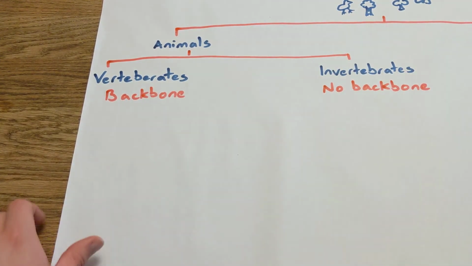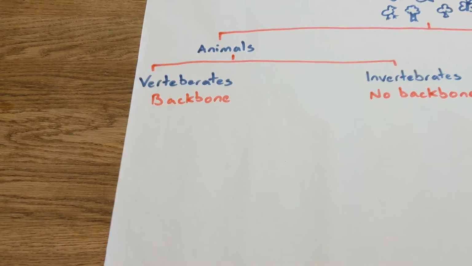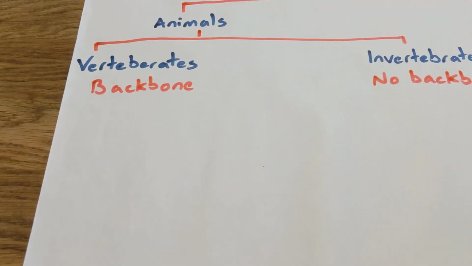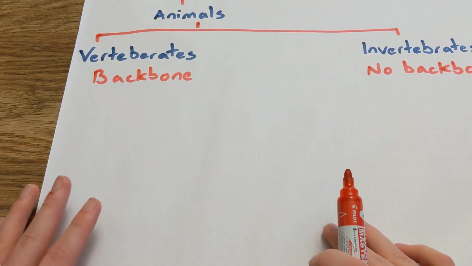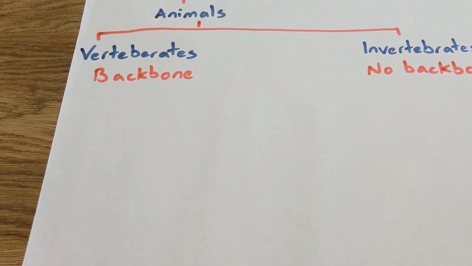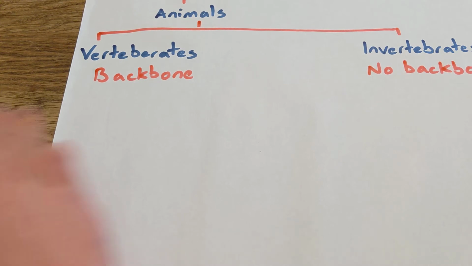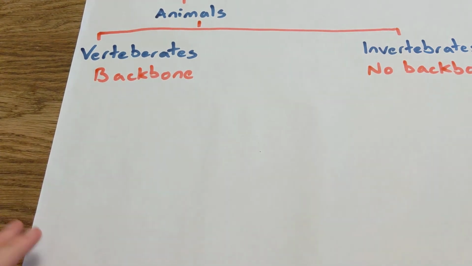But then the examples I gave of vertebrates, fish, birds, cats, dogs, they're not like each other though, are they? Birds are quite different to fish. Cats are very different to snakes. And so we need to split this up again.